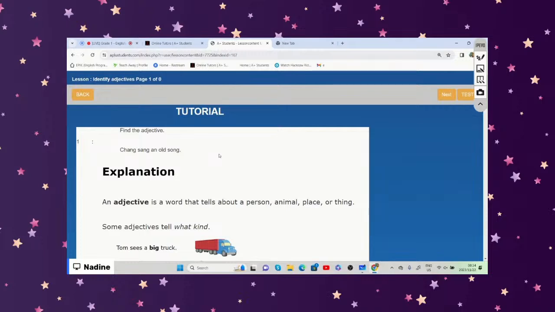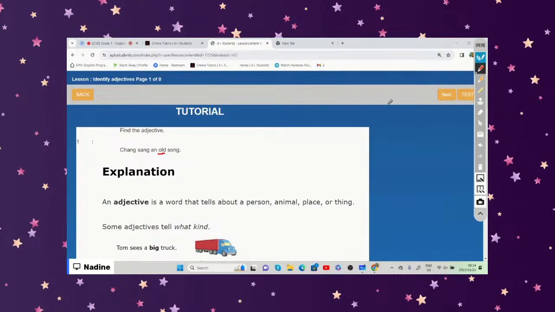Because you can either say it's an old song, a new song, an R&B song, depending on whichever specific song that you listen to. A pop song, right? So in this case, we can say that Chang sang an old song, which means that old is the adjective, right?